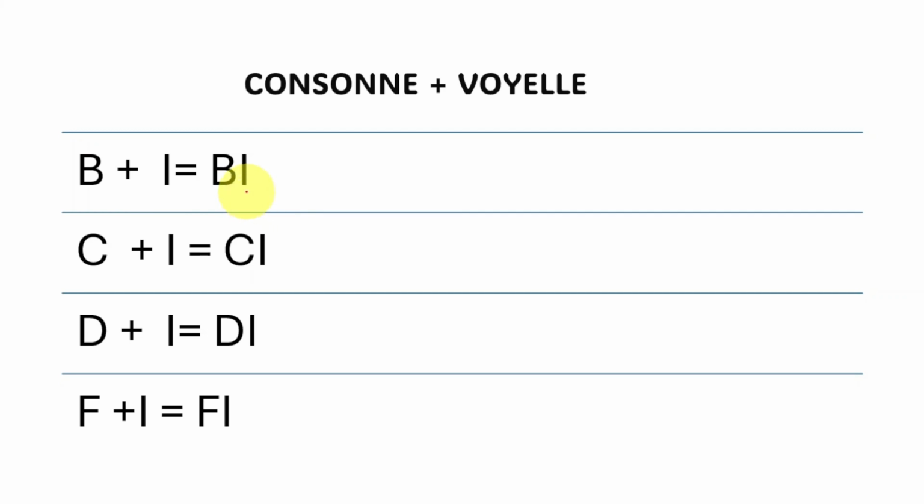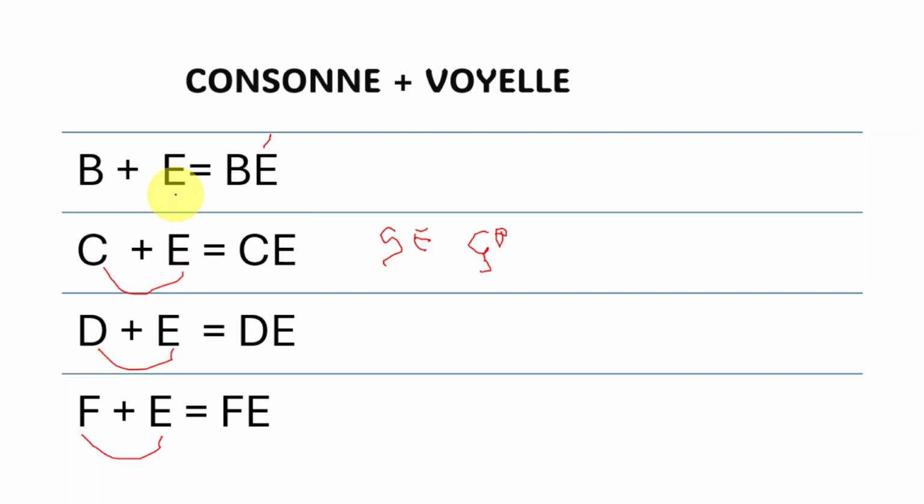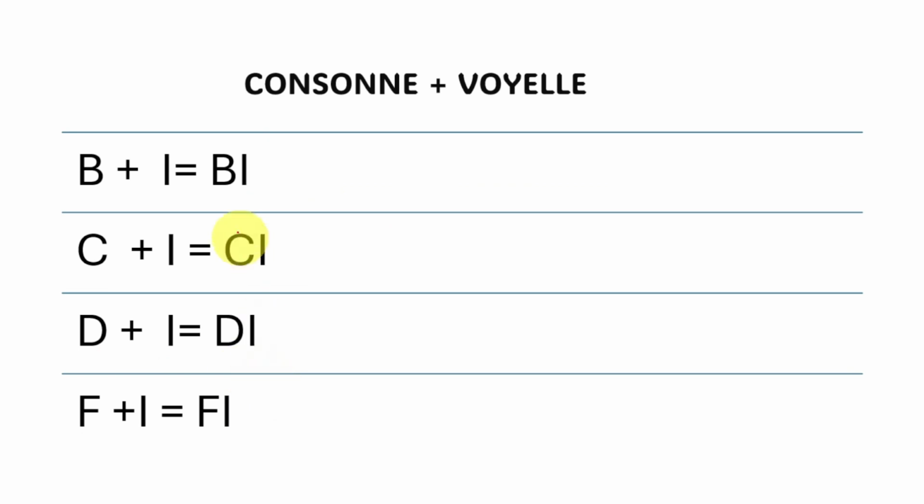Not like bureau. No, Be. So in this case, okay, if I go back, here we combine E, A, okay? So here we combine E. B plus E, when we combine it together, we get Be.